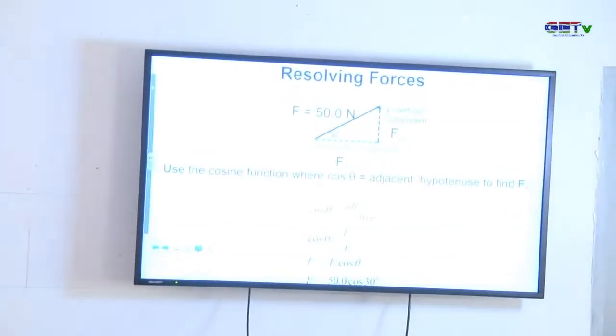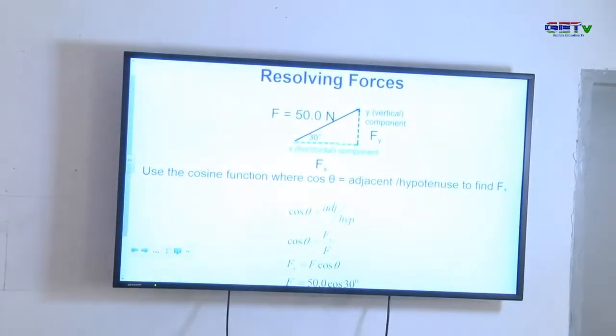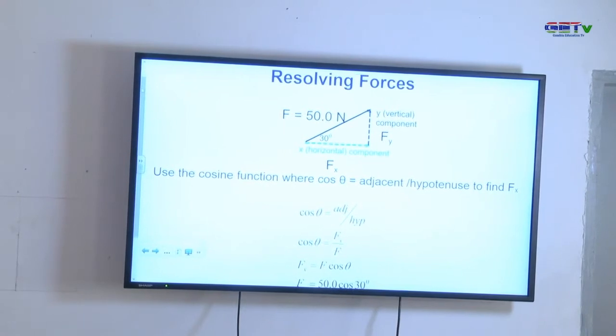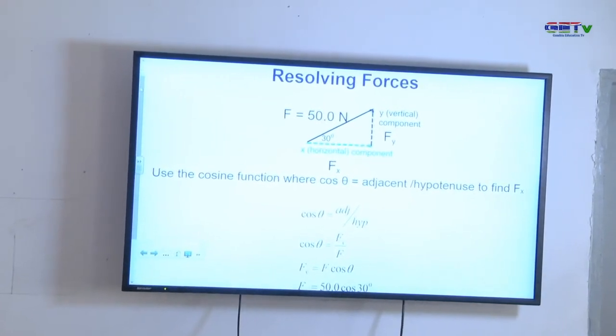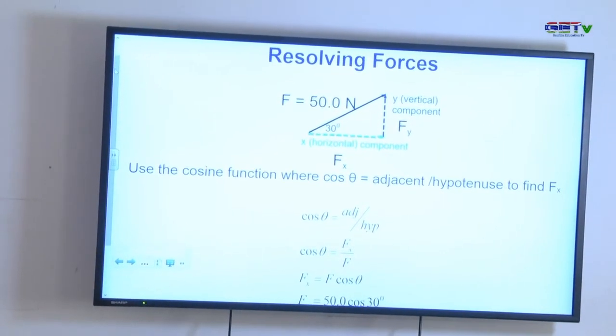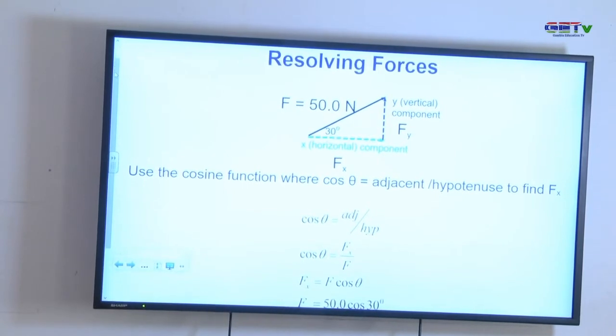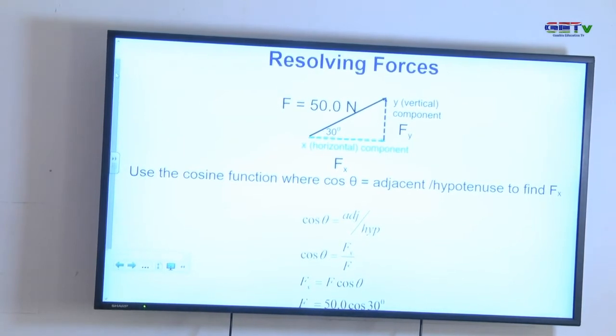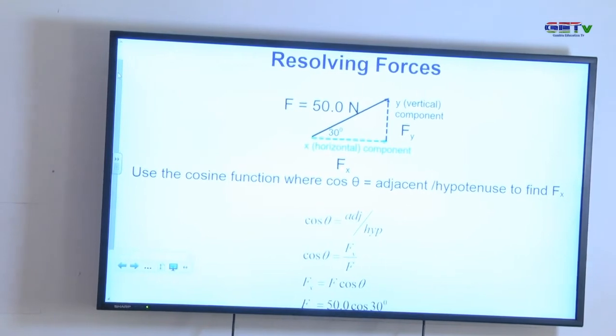Now we are told that the magnitude of the applied force F is given as 50 Newton, and the angle at which this was raised is 30 degrees. So we can substitute into the equation and obtain our variables. So the acceleration along the x-axis, what's the mass of the object?